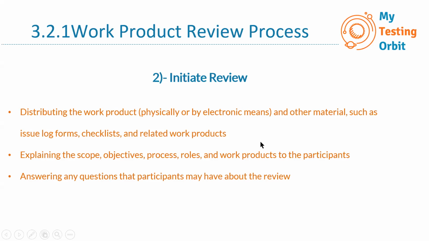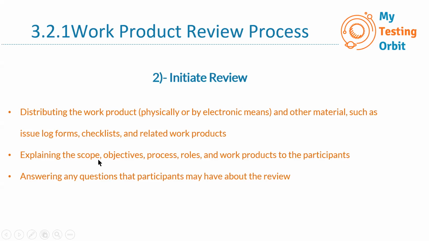If there is a formal review, then usually there are checklists or log forms or other kinds of documents where the logs are being maintained. So when we are initiating the review process, we distribute these kinds of materials.